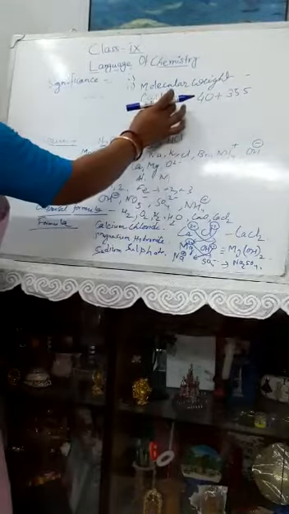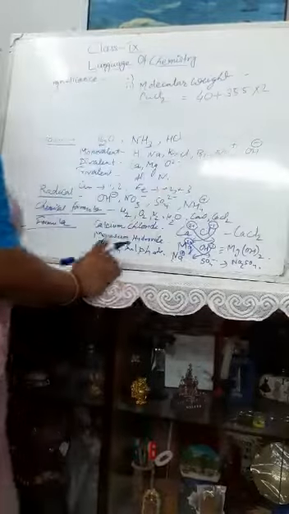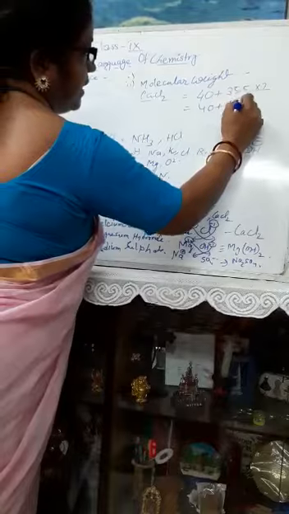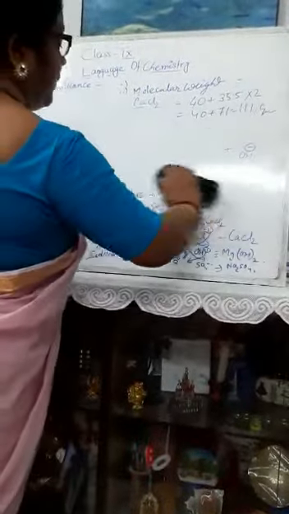Now here 2 atoms of chlorine are there, so I have to multiply this number by 2, and then 40 plus 71, that means 111. You can write this in gram unit. So in this way you can calculate the molecular weight.